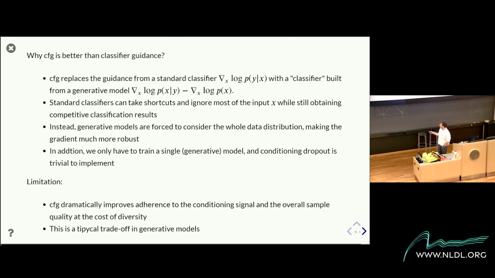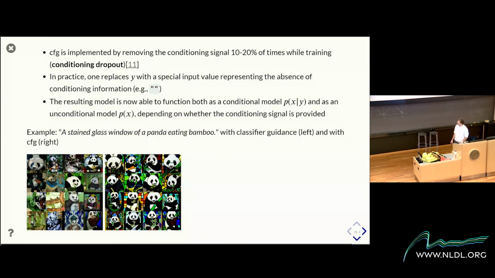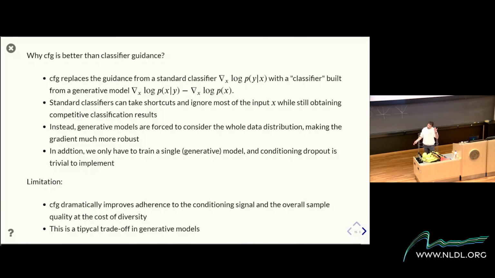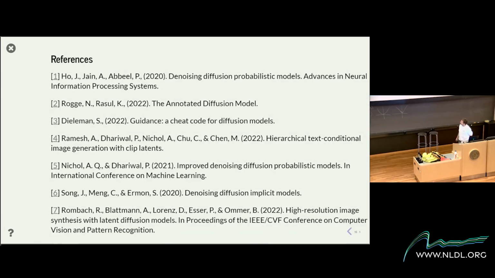As we were commenting here, these images look a little bit like all the same. And this is a typical trade-off in a generative model. And this is a reference which I used for this talk.